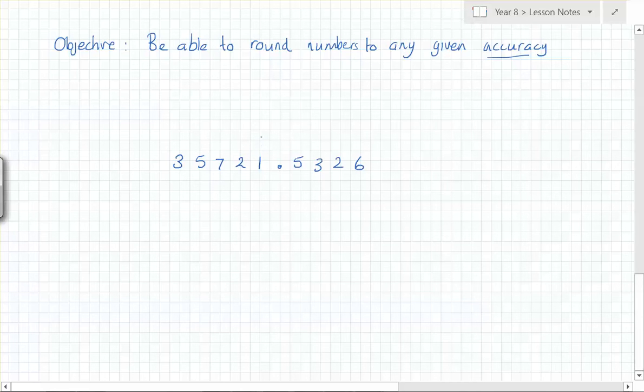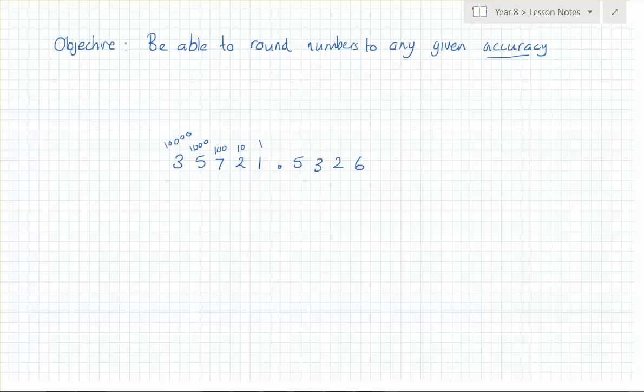So the first column are the units, second column the tens, then the hundreds, then the thousands, then the ten thousands, and that's what gives this side its name. So it's 30,000, 5,000, 700, 20, and 1.